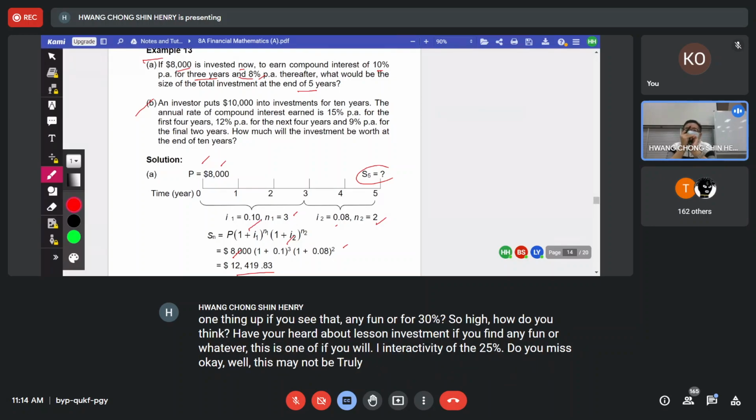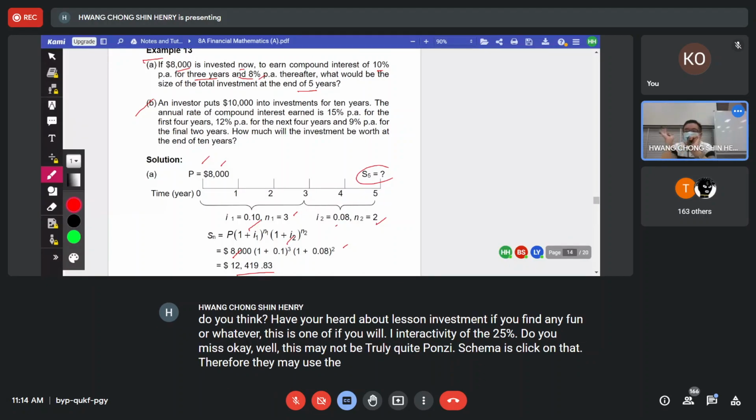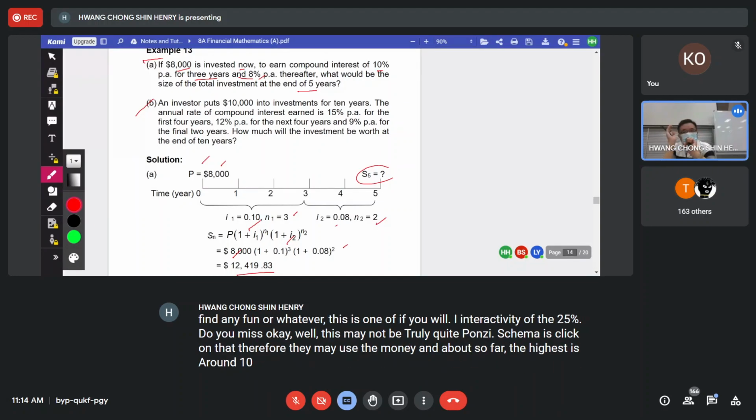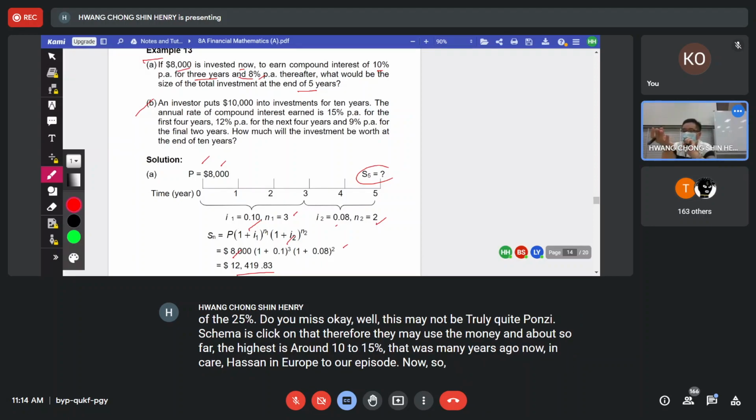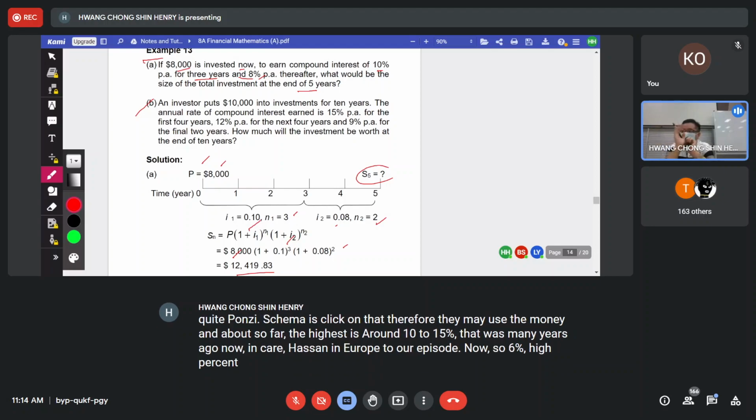They call it a Ponzi scheme. It's fake. They may use your money and run away. So far, the highest is around 10 to 15%, that was many years ago. EPF last time could give up to about 10%. Now also 6%, 5%. No such fund can give you 15 to 20%.